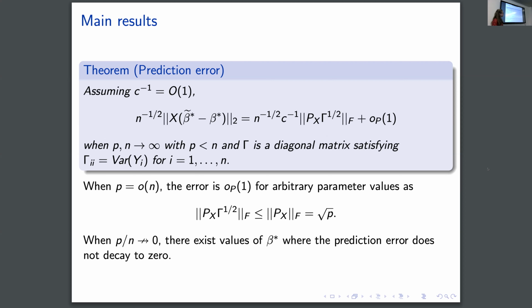And this constant depends on the Frobenius norm of P_X, which is the projection matrix onto the column span of X, and gamma, which was our diagonal matrix consisting of the variances of the response. So really what to take away from this is that when p over n decays to 0, that norm scaled by root n goes to 0 as well, and you've got consistent predictions. If p over n doesn't decay to 0, then our predictions actually converge to a constant. And this is because our estimator is quite noisy.